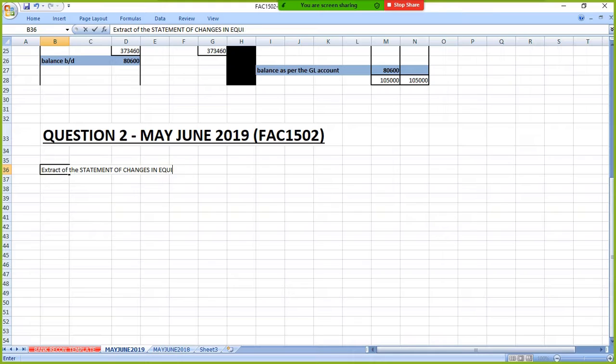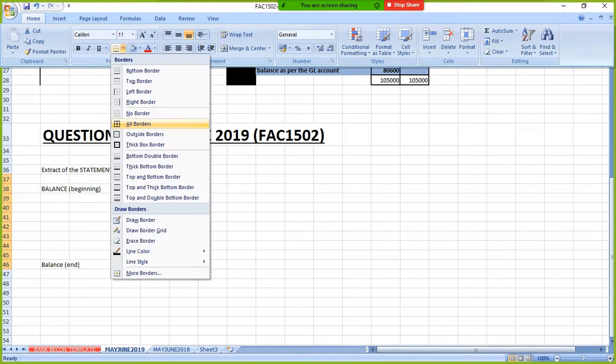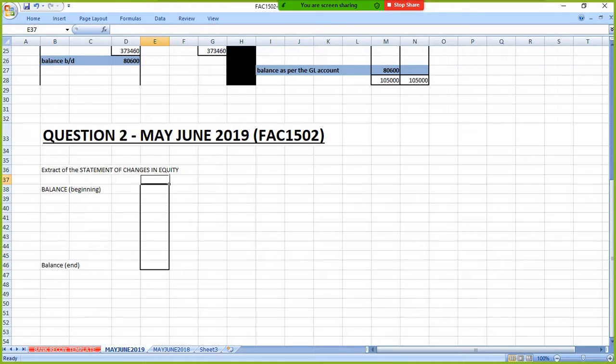There's not much in the statement because you haven't covered other equity line items. It's literally just the balance at the beginning and then the balance at the end and then movements during. The only column you're going to have is one column for capital. That's it.